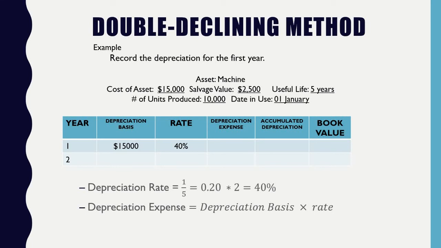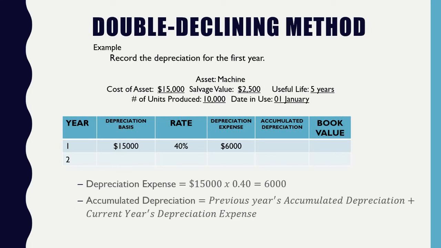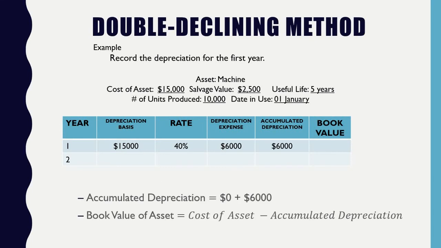You're going to get a total of $6,000, right? That's 40% of the $15,000, okay, which is $6,000. So in this case, accumulated depreciation is going to be $6,000, right? Because you have no previous years, but your current is $6,000.